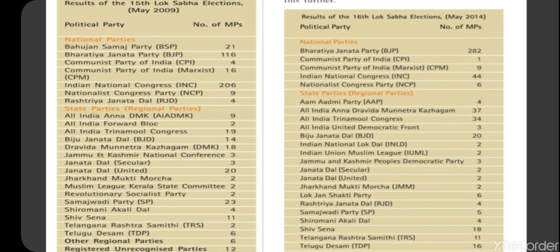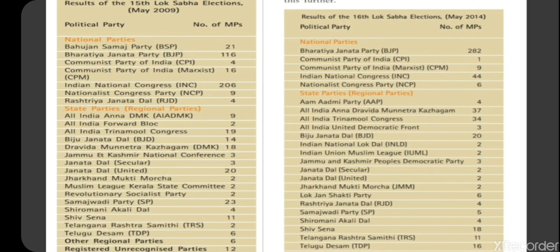That government which will be formed will be called a coalition government, which is the combination of different political parties, because the majority party has not reached the number of 272 or more. And the second party that has won the highest seats becomes the opposition party.